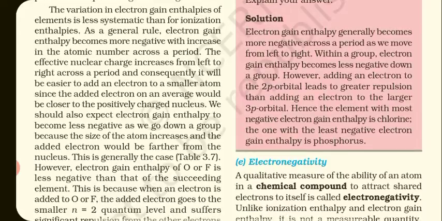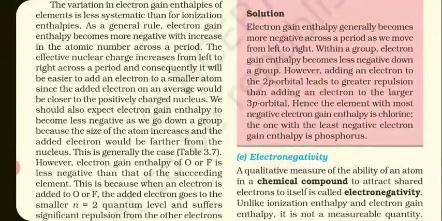As a general rule, electron gain enthalpy becomes more negative with increase in the atomic number across a period. So try to remember these facts.